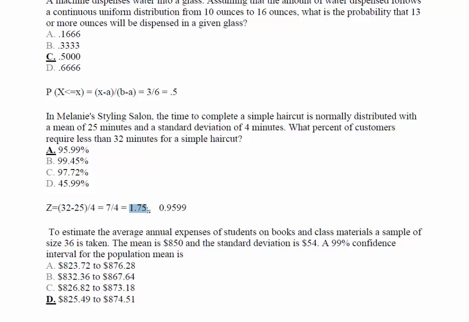With 1.75, you go to page 565 of your book. You look at the table over there, and you find the probability to be 0.9599. That's what you should find. And therefore, the probability here is 95.99%, so A is the correct answer.